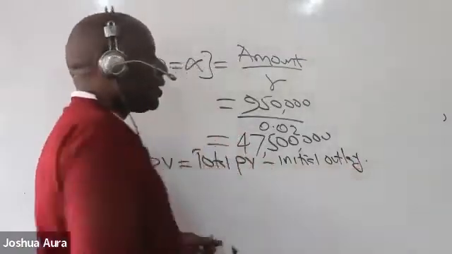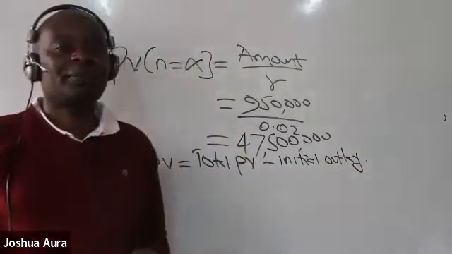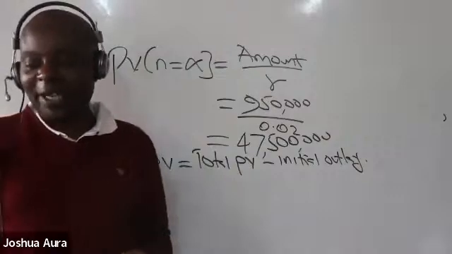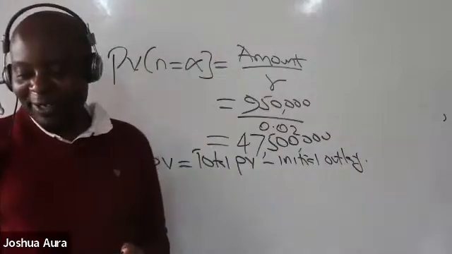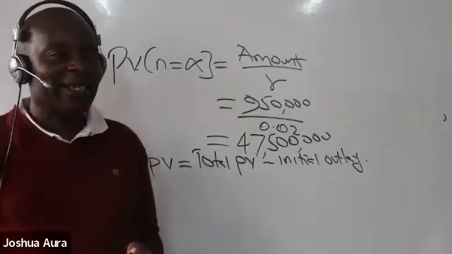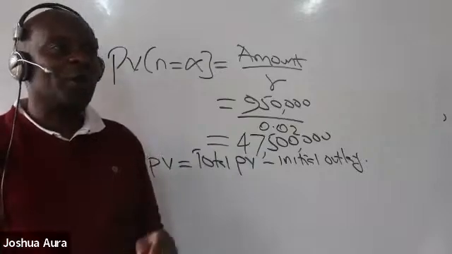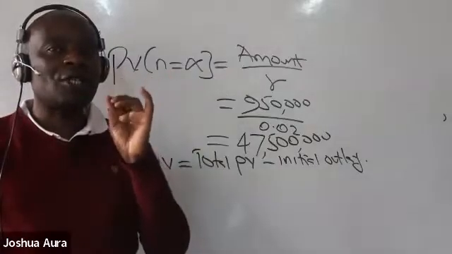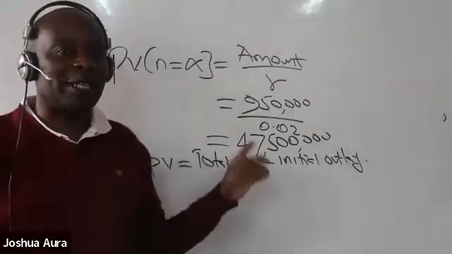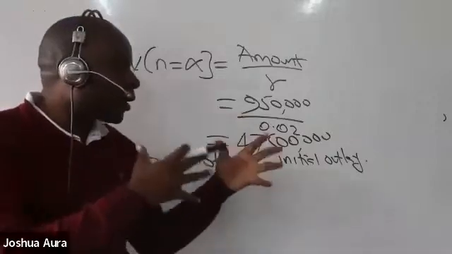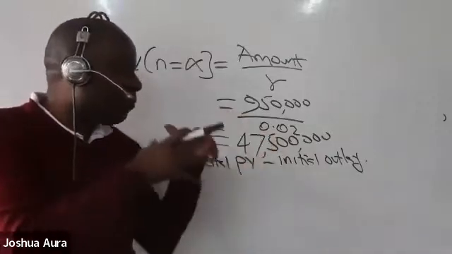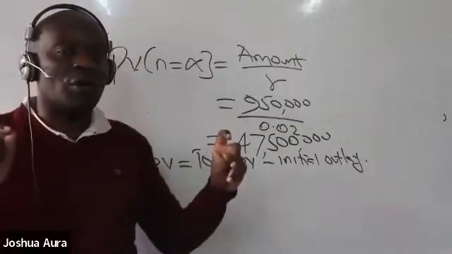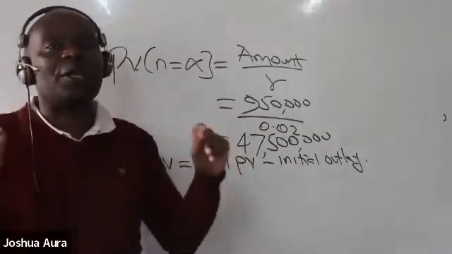So where do we get this initial outlay from? Remember, we are raising new funds out of a rights issue to invest in this project. The entire amount raised will be put into this project. So in short, the initial outlay will be exactly equal to the new funds raised.